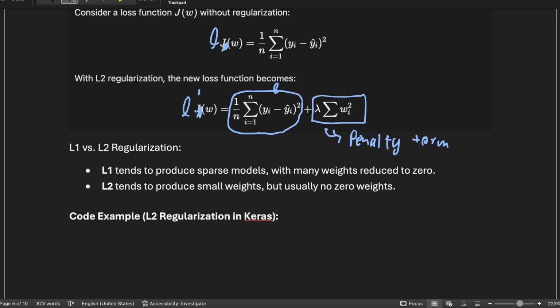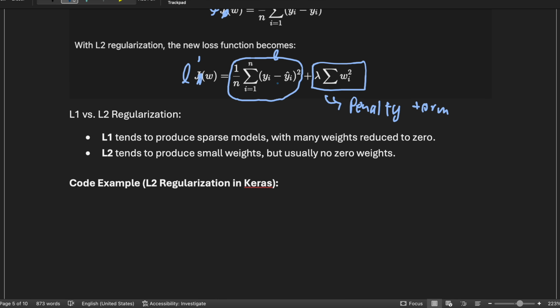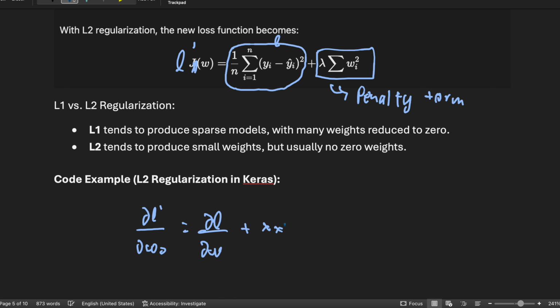So what will happen if we just try to differentiate this? If we try to differentiate this with respect to W, suppose W naught basically, so dL by dW naught.